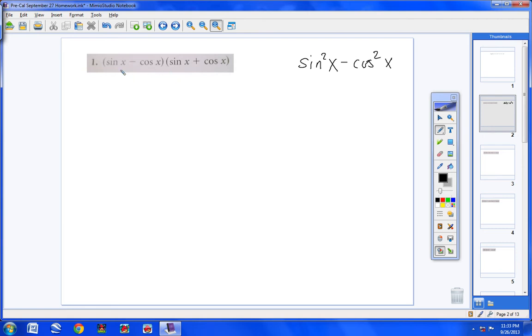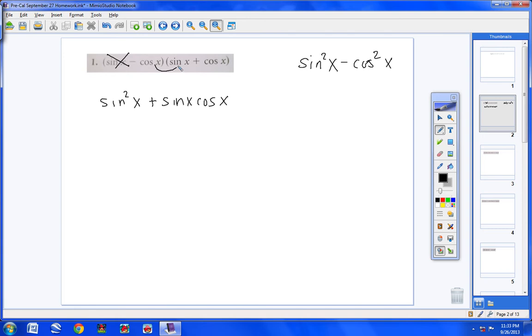Here we go. We take sine times sine and then sine times cosine. So sine times sine would be sine squared x. And then sine times cosine, positive times a positive will be positive sine cosine. Very good. We're done with this. Now let's be careful now, it's a negative cosine. Take your negative cosine and multiply it through.